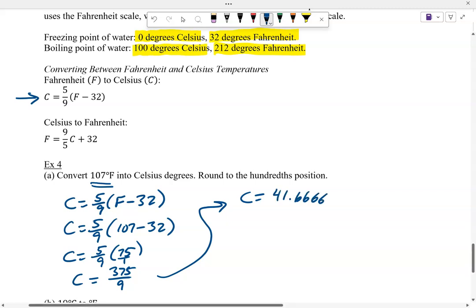This just keeps going, right? It asks us to round it to the hundredths. So 41.67 degrees Celsius, right?